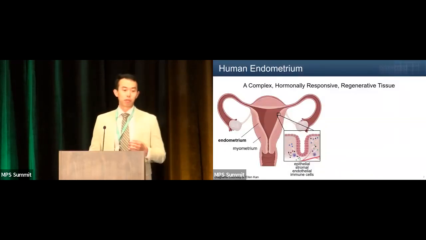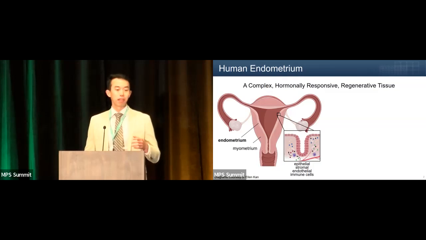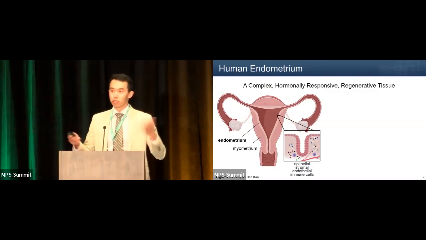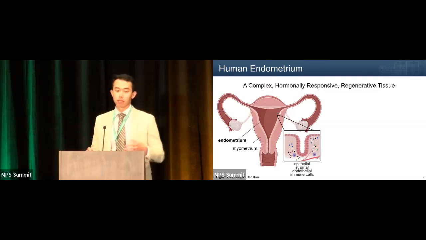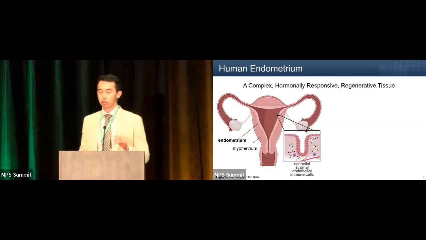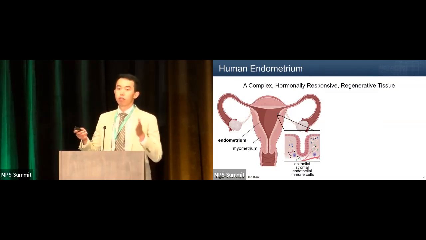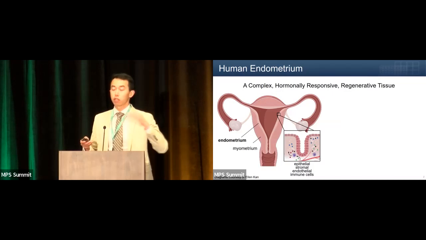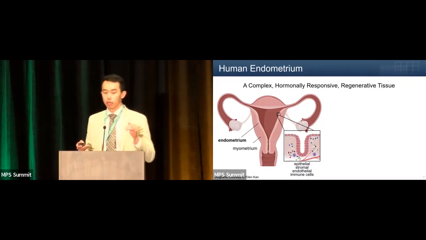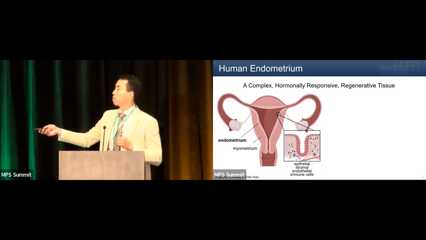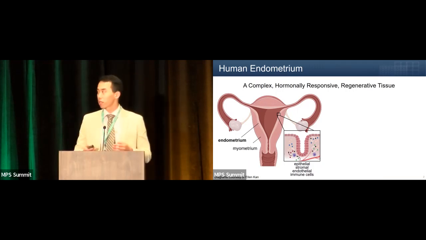As we've previously been primed to, the human endometrium, which is responsible for reproduction, is really a complex, hormonally responsive, and hyper-regenerative tissue. The endometrium is this layer which, over the course of 28 days, scarlessly regenerates over 1 centimeter, and it rests upon the muscle layer, called the myometrium, which is responsible for contraction and for birth.